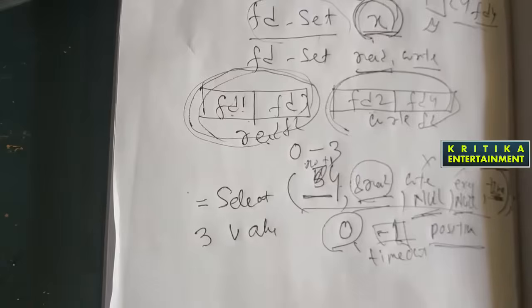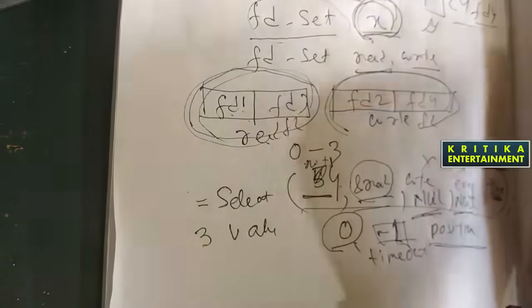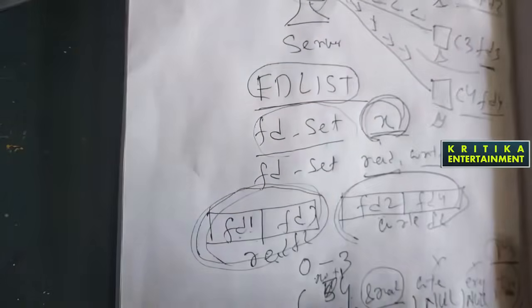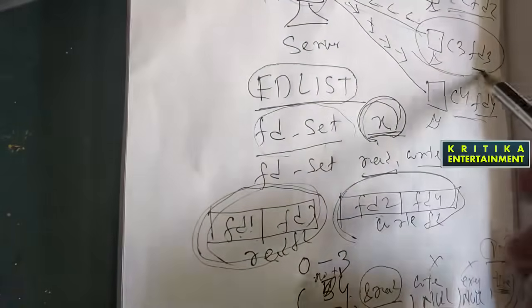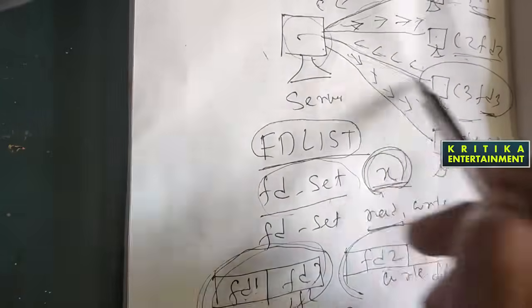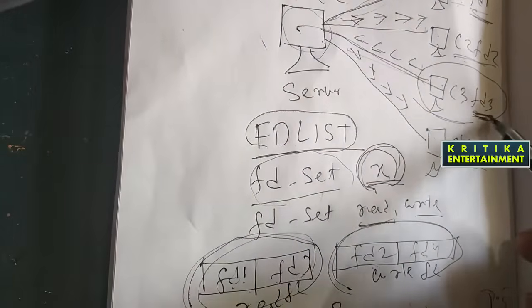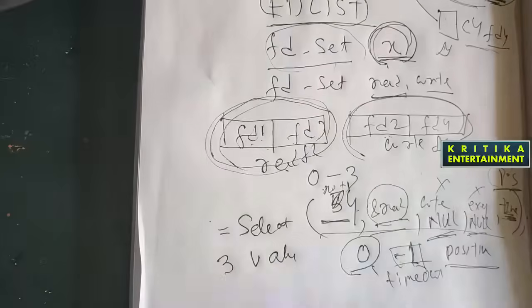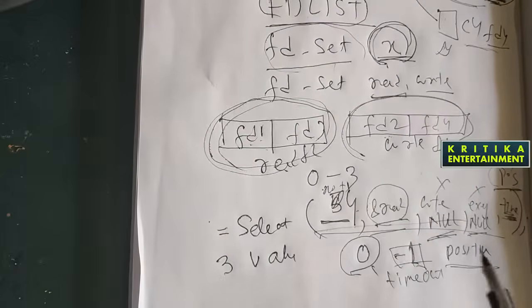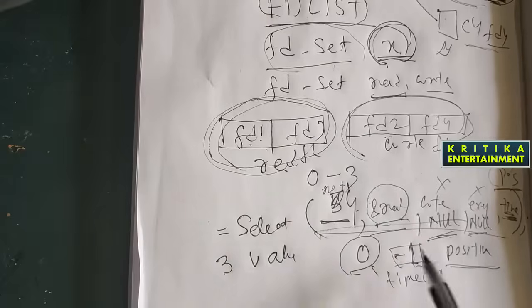Then positive means: suppose this FD has some data and the server reads this FD, for example FD3. It returns the FD for which data is available to read from the client.